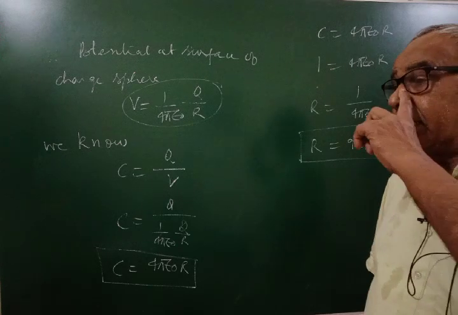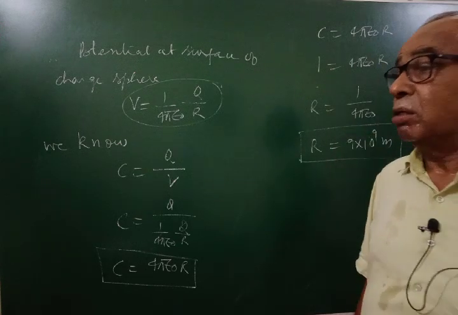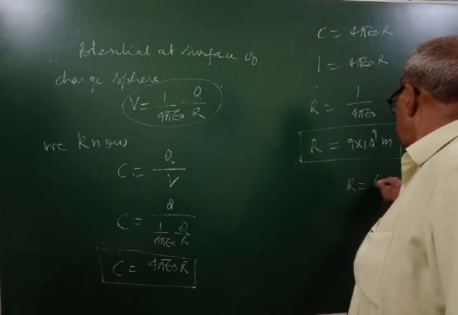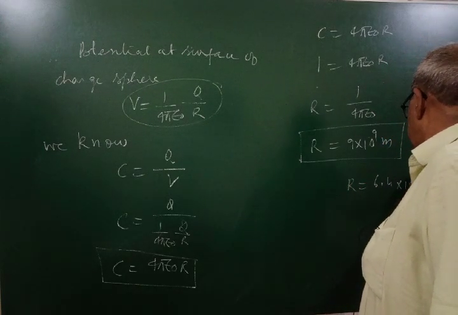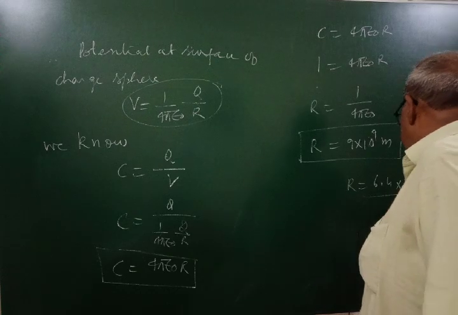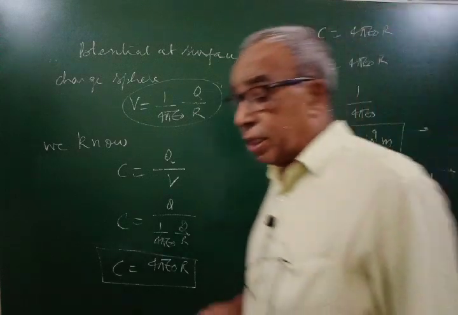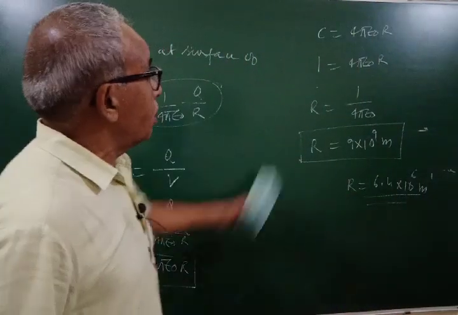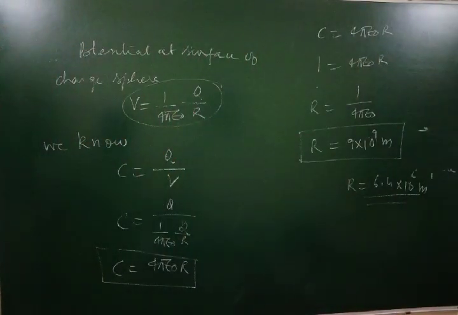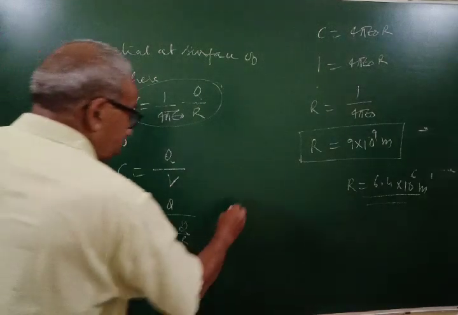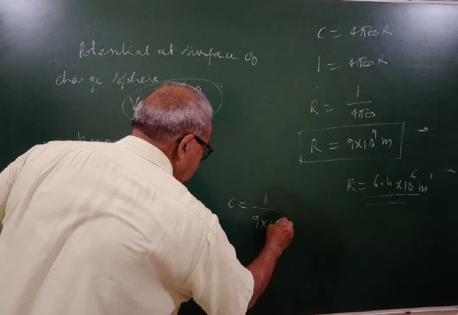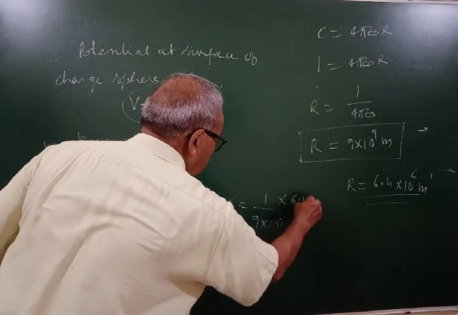You can try the capacitance of earth, assuming it is a sphere of radius 6.4 times 10 to the power 6 meter. So C equals 1 upon 9 times 10 to the power 9 into 6.4 times 10 to the power 6.